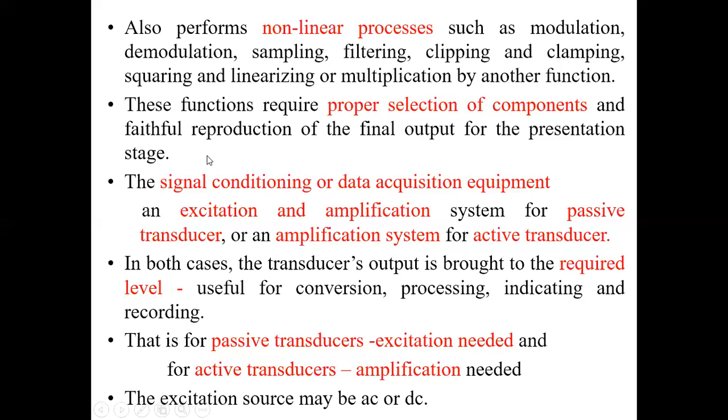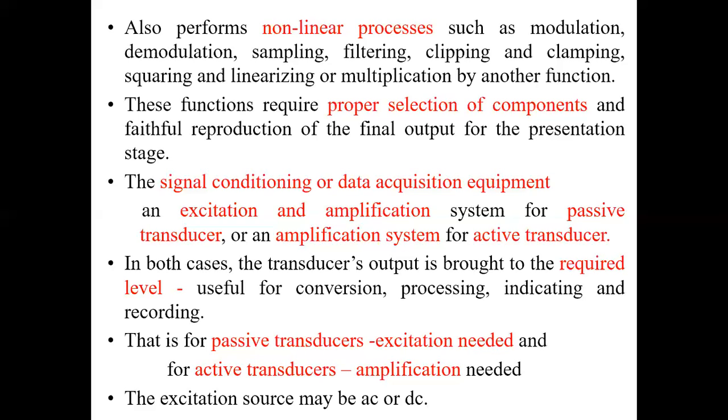The signal conditioning system or equipment is the one which performs some tasks on the signal that is measured by the transducer. The signal conditioning system plays an ultimate role in such a way that after converting the signal as per requirement, it can be displayed very easily.